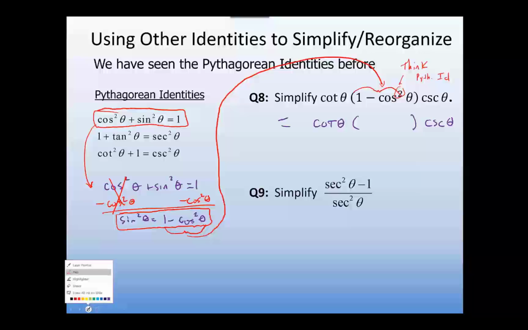So 1 minus cosine squared is equivalent to sine squared theta. I just took number 8, this hard problem, and made it a little simpler. Now I have other identities that I can use to simplify the other parts.